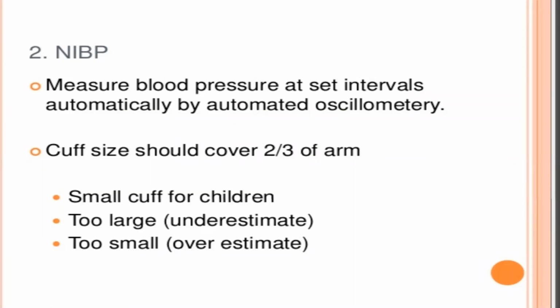Second technique is non-invasive blood pressure monitoring. It measures blood pressure at set intervals automatically by automated oscillometry. Cuff size should cover two-thirds of the arm. Use a small cuff for children. Too large a cuff underestimates while too small a cuff overestimates the blood pressure.